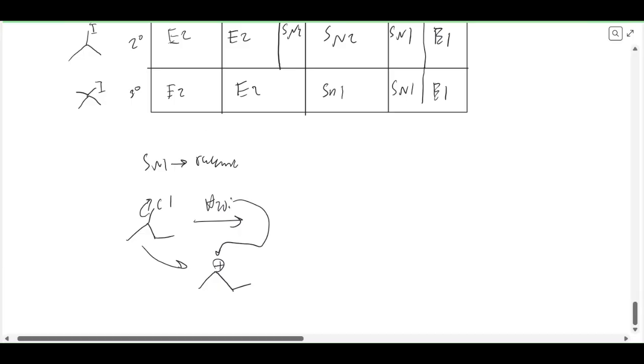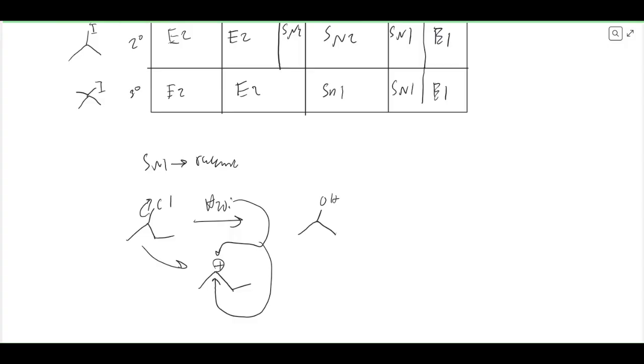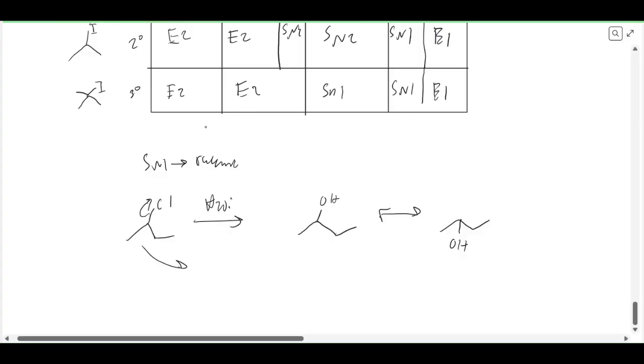H2O can attack either side of the designated carbocation. Because of that, we can have a racemic reaction where OH could be in an S or R configuration. And that's typically just for SN1, since with SN2 you already have to go through a backside attack.